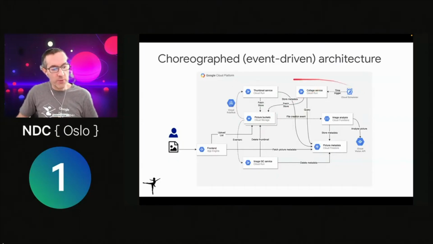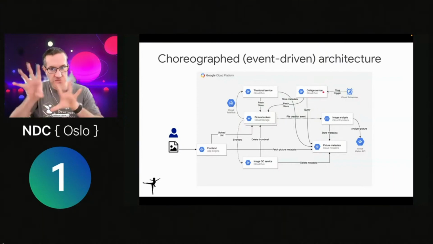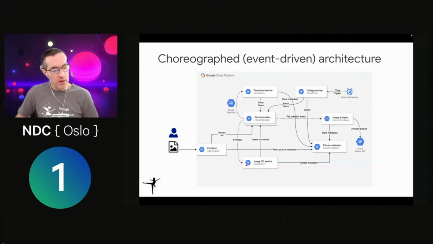What else? On a regular interval of time, thanks to Cloud Scheduler, we're going to create a collage of the pictures. So if there are new pictures, we're going to update the collage with the latest stitched pictures together. We also created another service at the bottom here, the garbage collection service. It's another Cloud Run service using a container again.